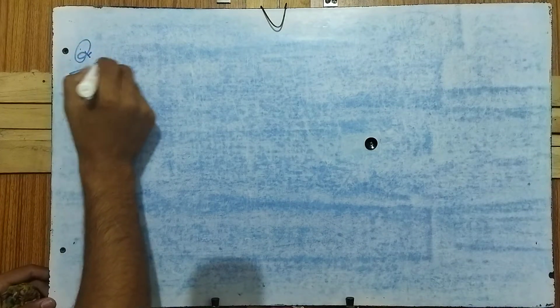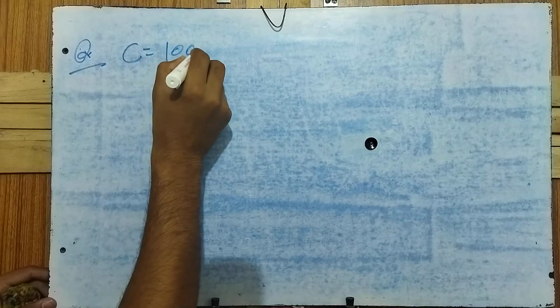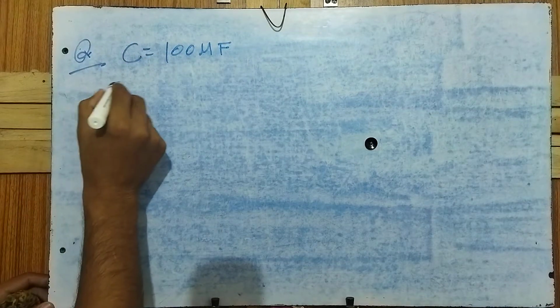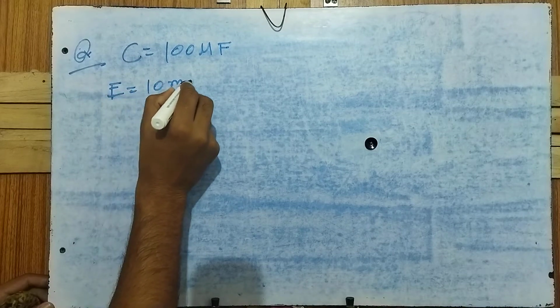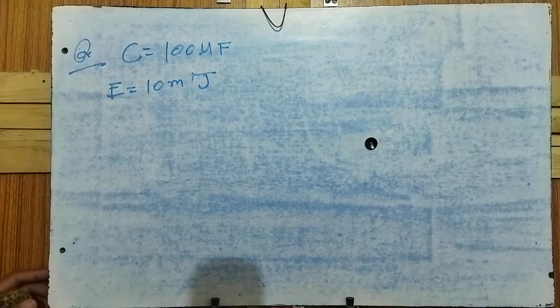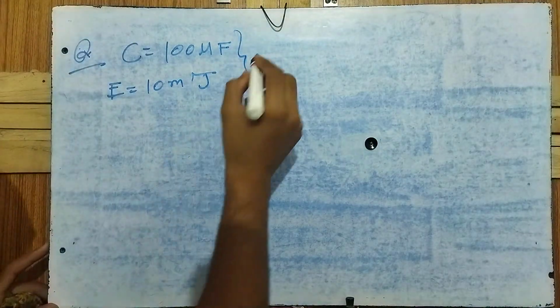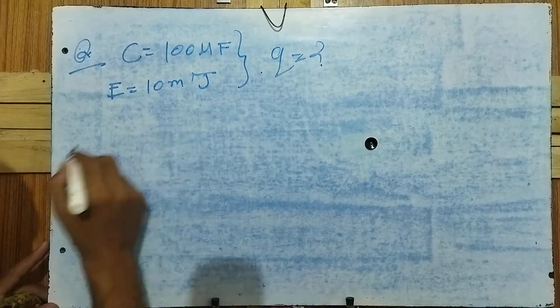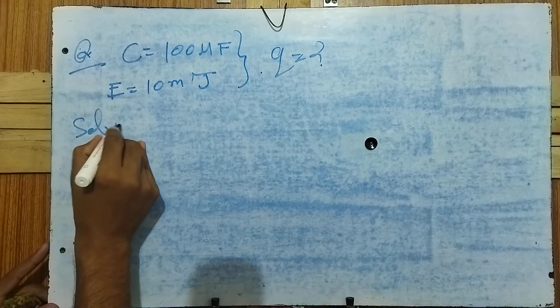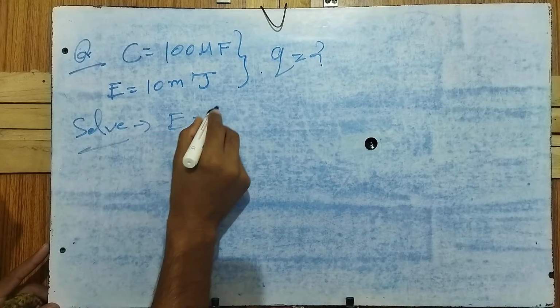Next question is, if a capacitor is having 100 microfarad and energy in that capacitor is 10 millijoule, then what is the value of charge associated with the capacitor? So very simple, E equal to half CV square.